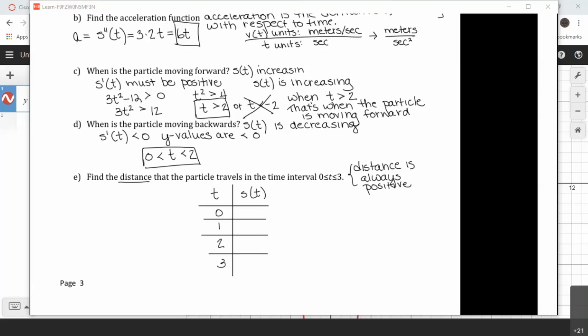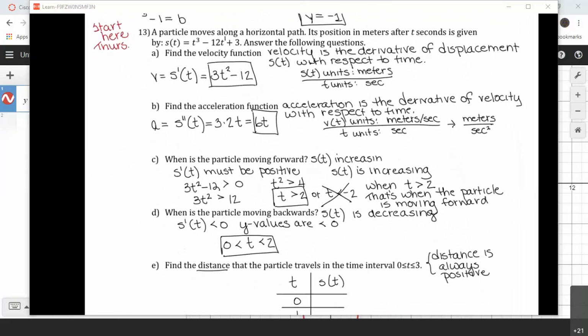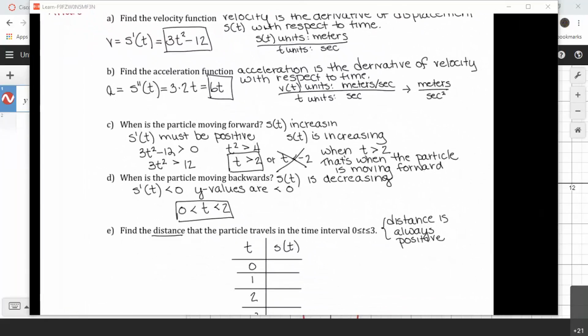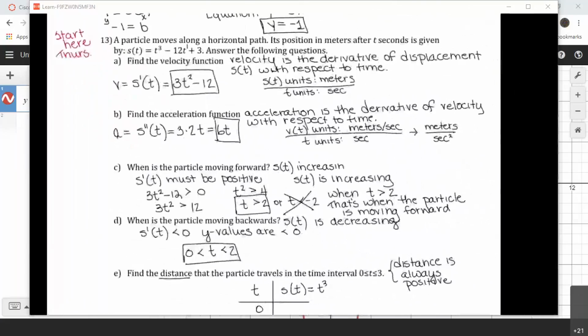Then I'm using my calculator to evaluate the position function, which is this cubic up here: t cubed minus 12t plus 3.